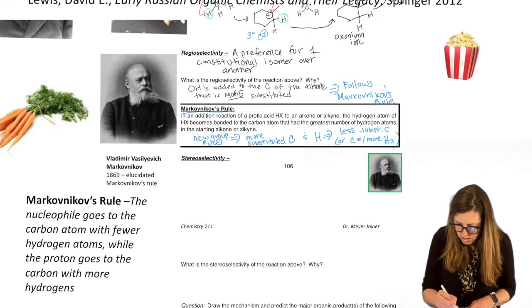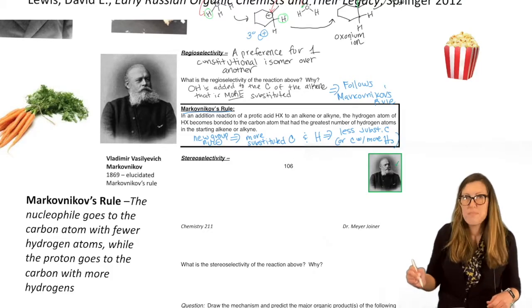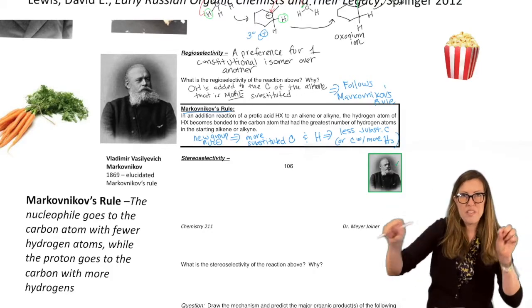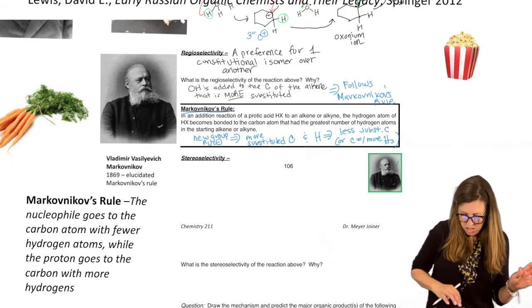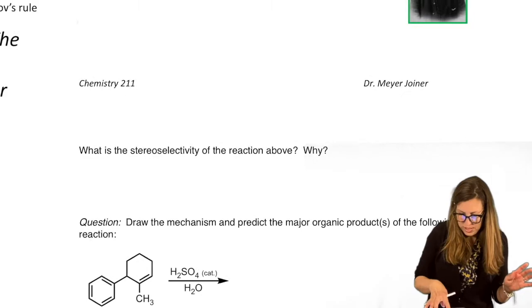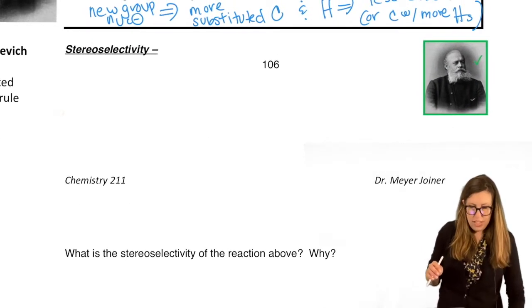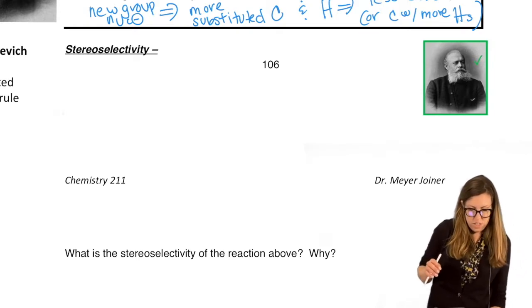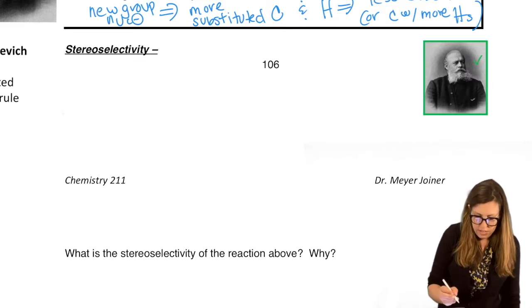When we are considering regioselectivity, that is which carbon, constitutional isomers, that is not the same as stereoselectivity. So I promise we'd always ask that question too. What is the stereoselectivity of a reaction? Like SN2, for example, inversion of the stereocenter, that was stereoselective.